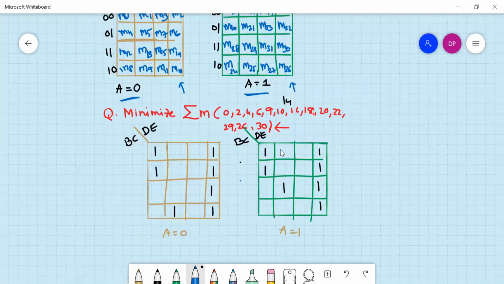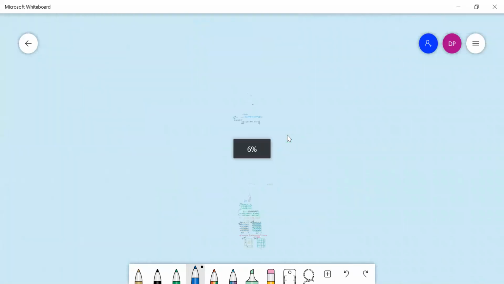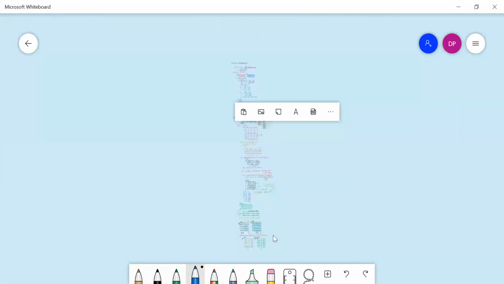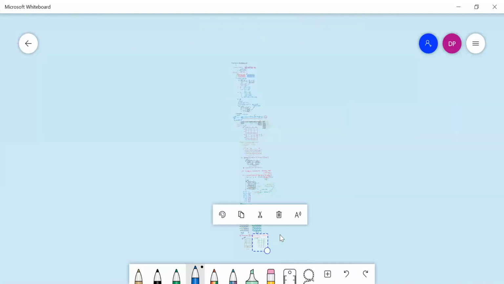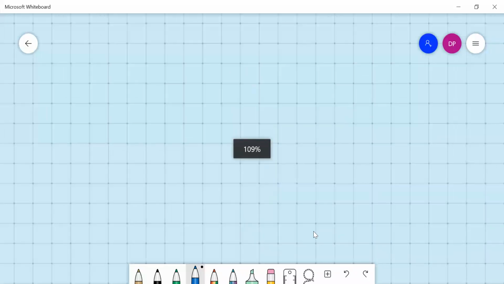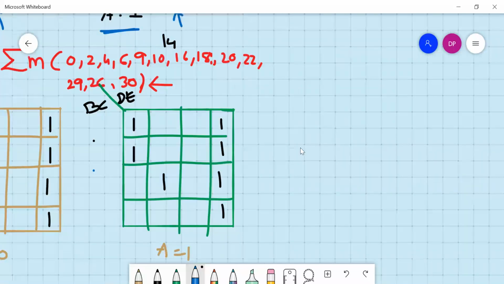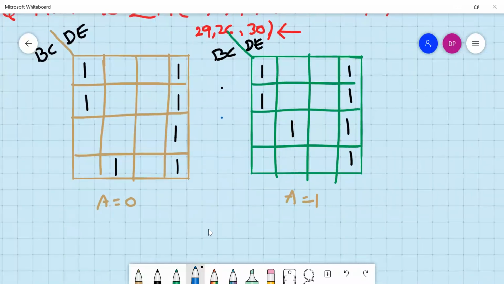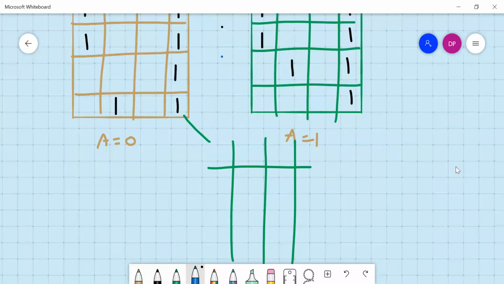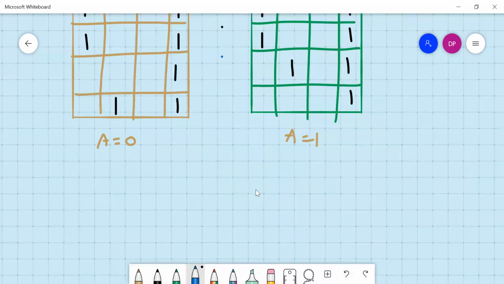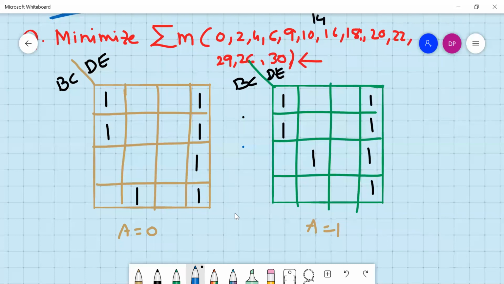Okay. So I have copied this. Let's see. No, it didn't copy properly. Okay, leave it.